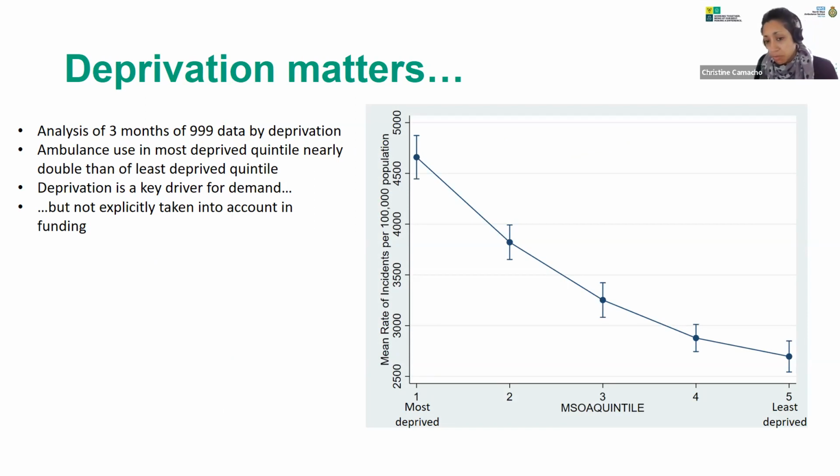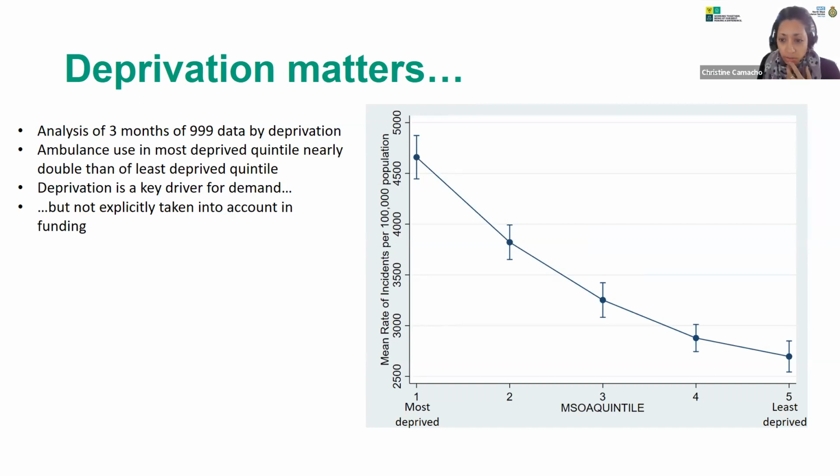What we observed when we looked at this data, and we've never looked at this as an organisation before, is that deprivation is really driving our activity. So the people living in our most deprived areas have almost double the rate of 999 incidents than the least deprived areas. So it's a really important driver for demand, and it isn't something that's explicitly taken into account in how we're funded as an organisation.